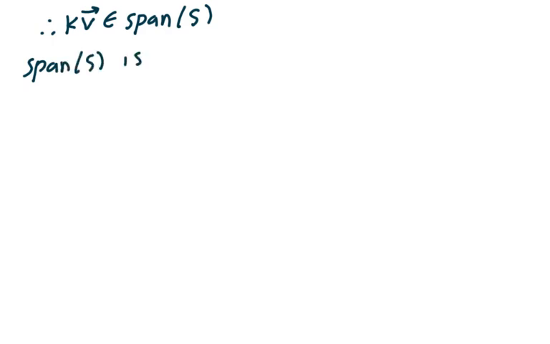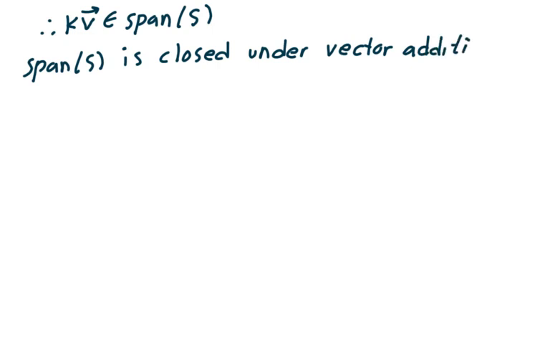And so, therefore, kv belongs to the span of S. And we can say the span of S is closed under vector addition and scalar multiplication.